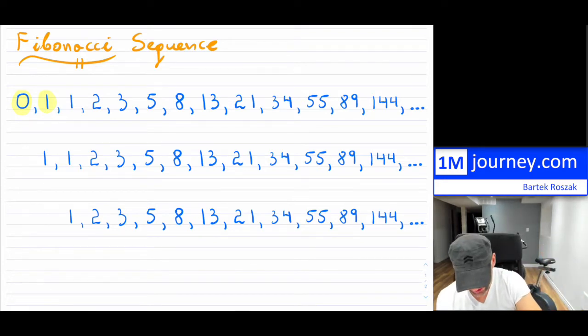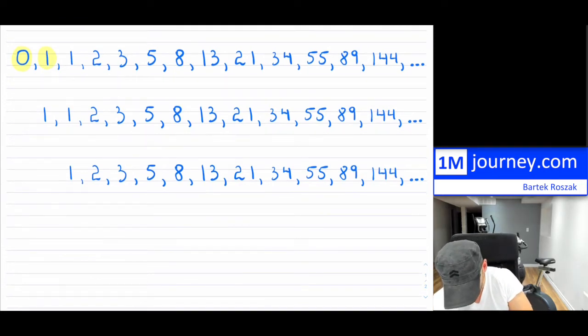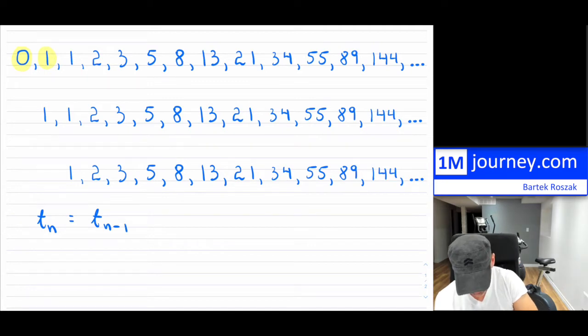So if I wanted to actually define this Fibonacci sequence, what I would say is that term n in the sequence is equal to the previous term, so term n minus 1, added to the n minus 2 term.